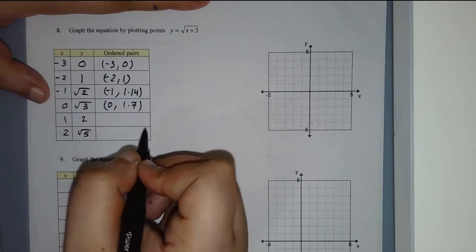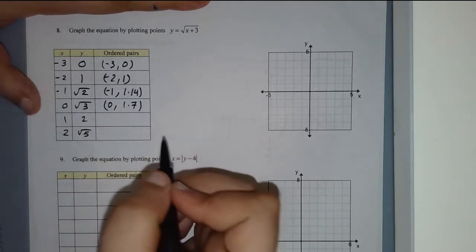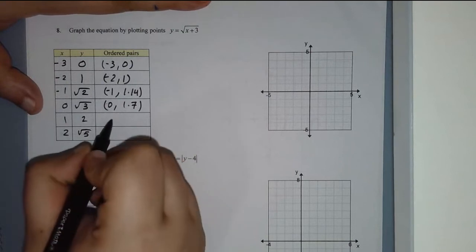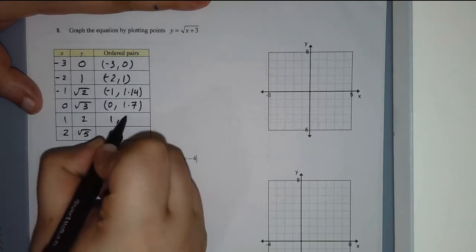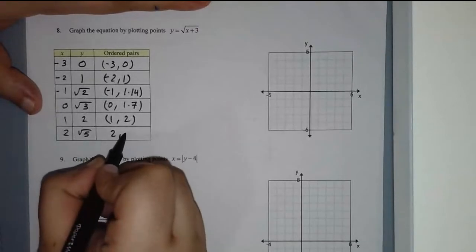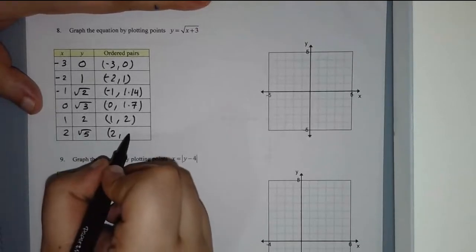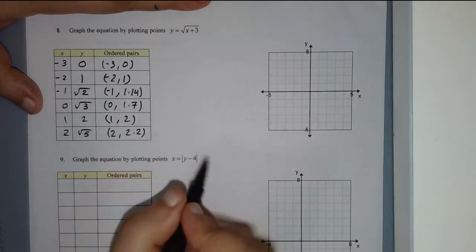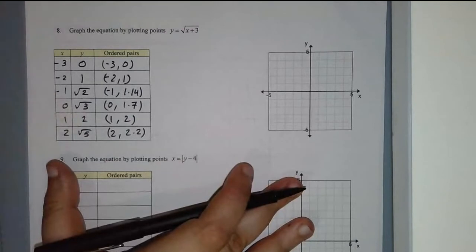If you have your calculator, you can confirm. Actually, please do, to make sure I got it right. Yeah, okay, good. So we have 1 and 2 over here, and then 2 and square root of 5, 2.2, I think. Yeah, okay, good. So those are my values.